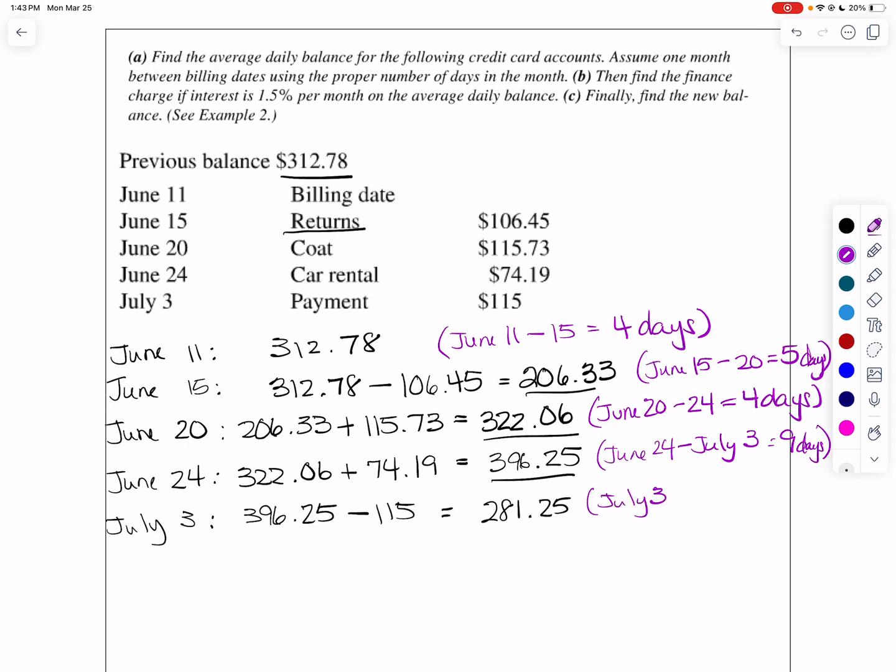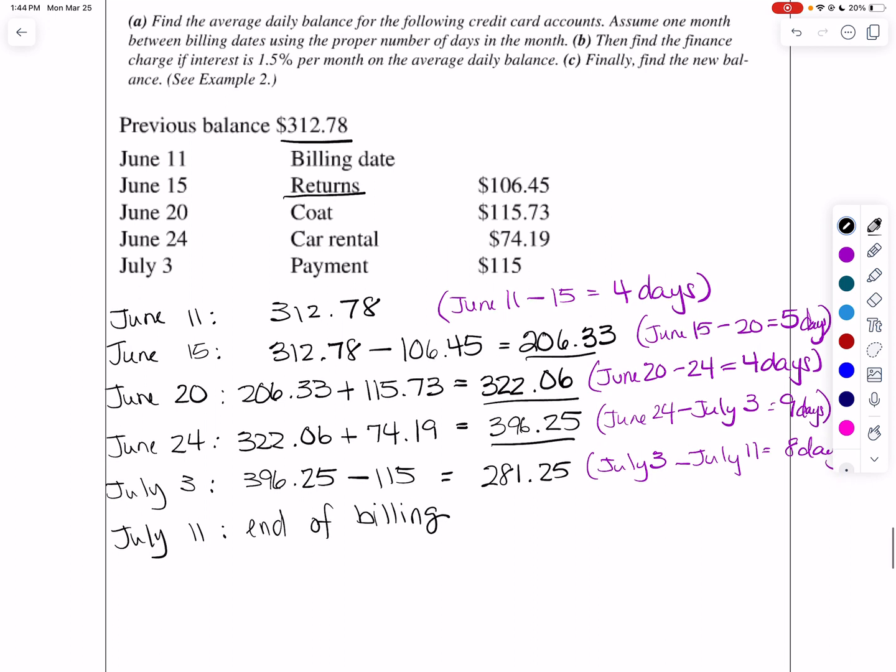And remember, it says assume 1 month in billing. So the billing date started on June 11th. So July 11th will be the ending date. And so that would be 8 days. Okay. And so we'll just make here July 11th is the end of billing.